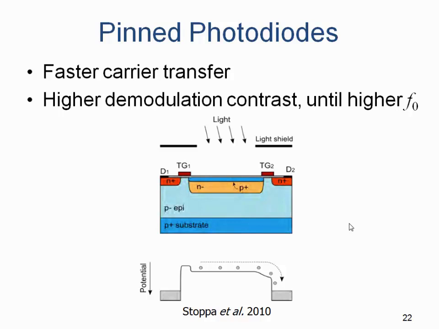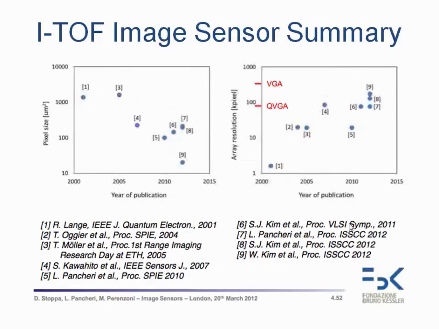Now, by doing that, you can actually do it very fast. And since this technology is available in CMOS, you can construct at the same time a fast transfer and a very accurate complete transfer. So then you can apply the 4 taps type of approach, and you can obtain a very fast, very accurate type of detector.